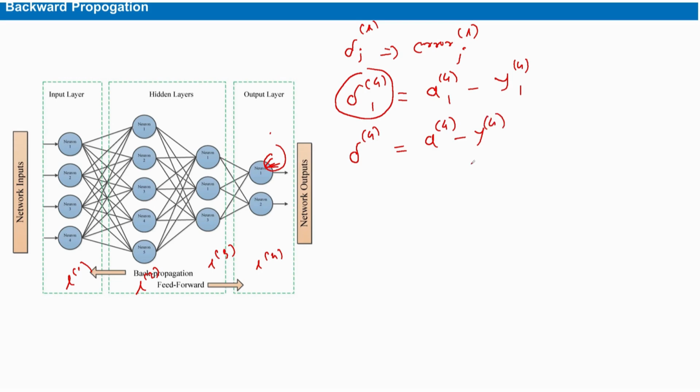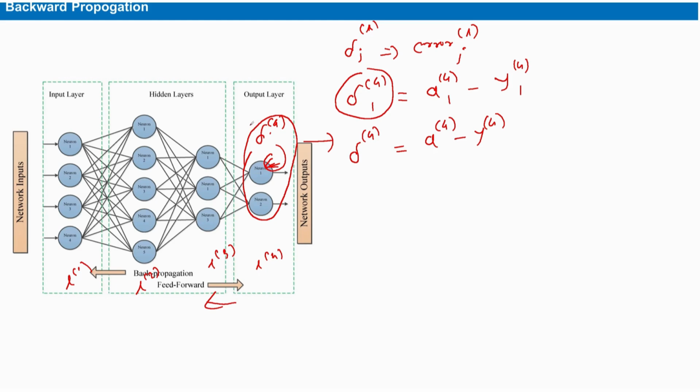In this way I will get delta 4, the error with respect to the fourth layer. Once you compute this, as I said, the backward propagation happens in the backward direction.